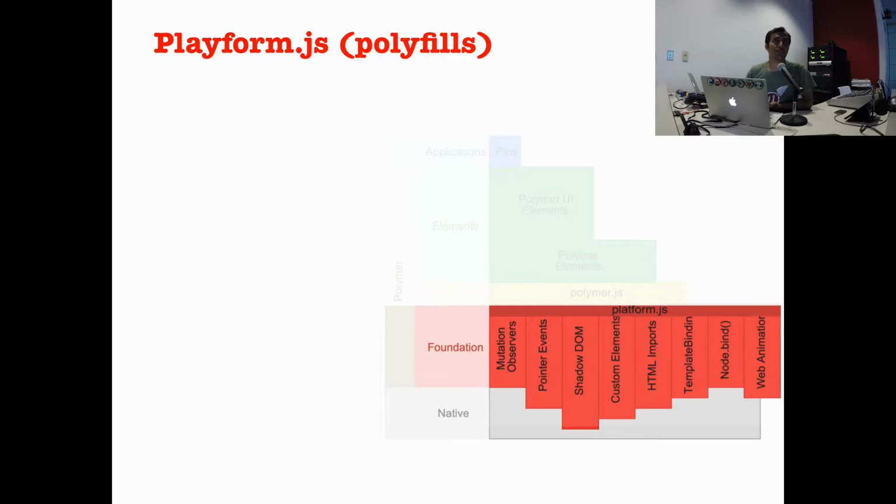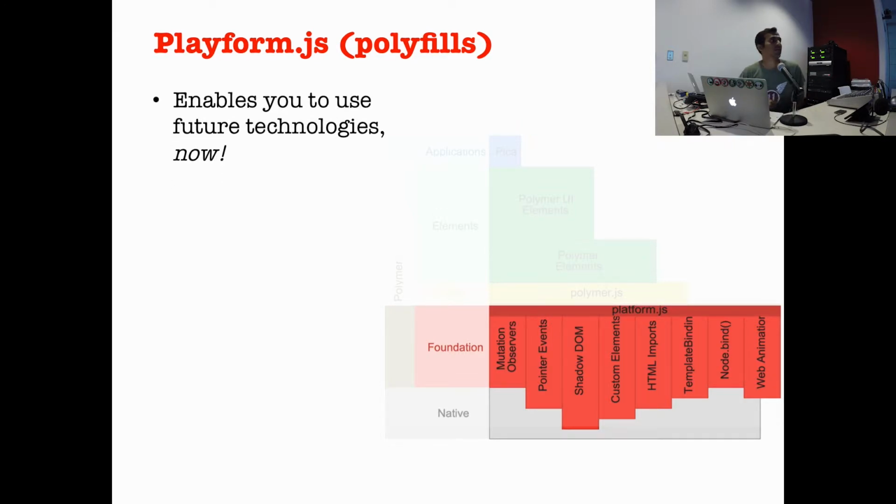What platform.js does is it enables you to use future technology right now, even though the browser hasn't implemented it yet. If you look at the bottom here, it's not even, right? Different browsers have different technology implemented. What platform.js does is smooth this out. If you do not have the technology, it'll build it for you, so you can use this and work with any browser.